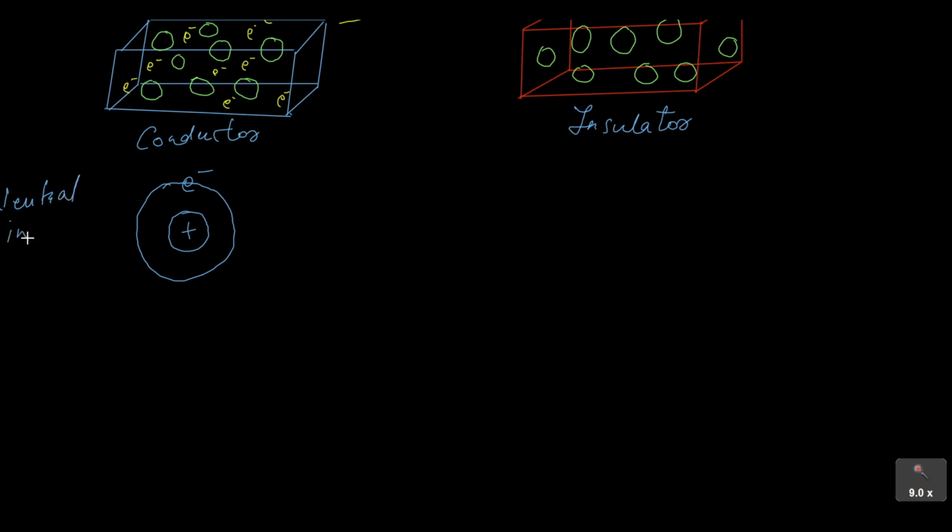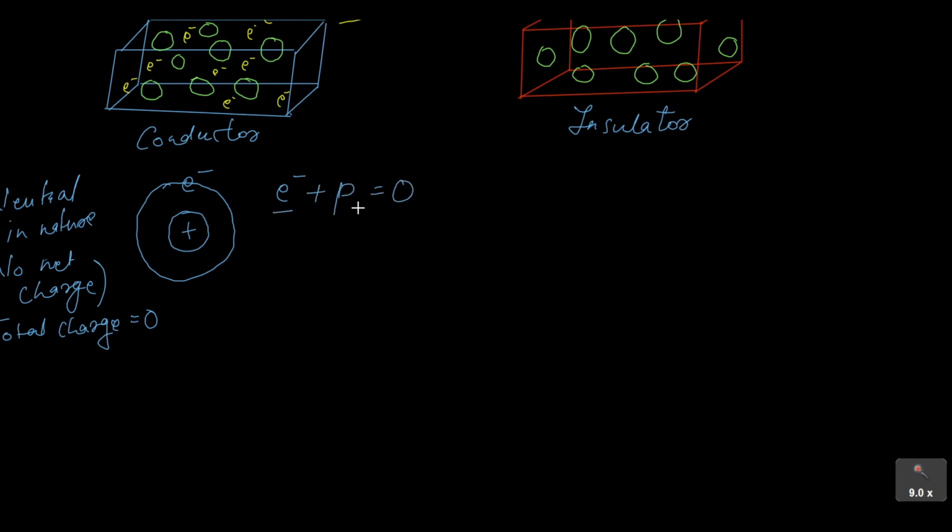Neutral means carrying no net charge; the total charge is zero, because whatever charge the electron has, if you add it with the proton, you get zero. As I have shown, the magnitudes of both charges are equal, they are just opposite in sign.